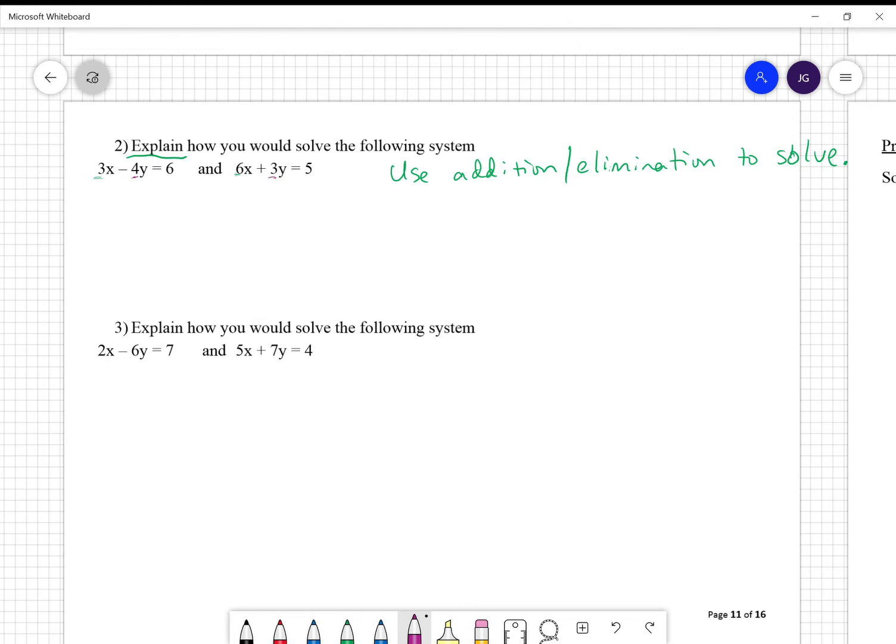So the easier one is to get rid of x, because all I have to do is multiply the first equation by -2.